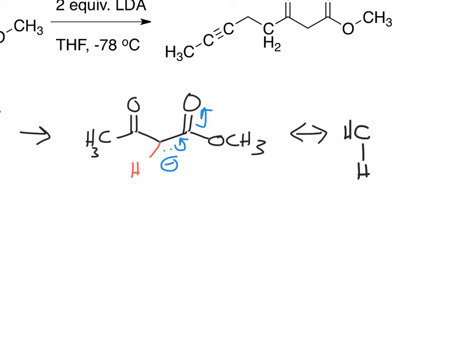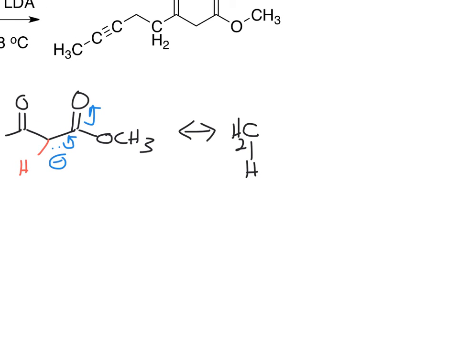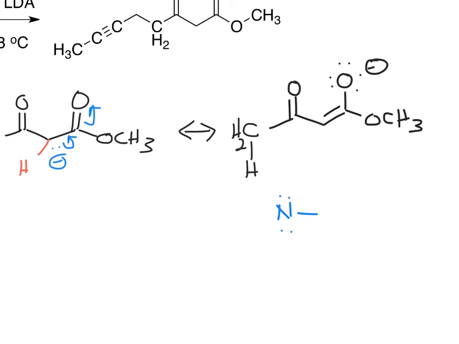And I'll draw one hydrogen down like that, fortuitously positioned. And again, our LDA can come in and act as a base to make the dienolate. And actually, I'm going to make the enolate in one step. You can also draw it this way. This will be the first time I think I've ever drawn it this way in these videos for you.